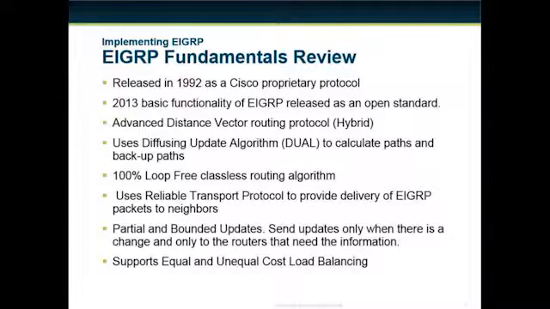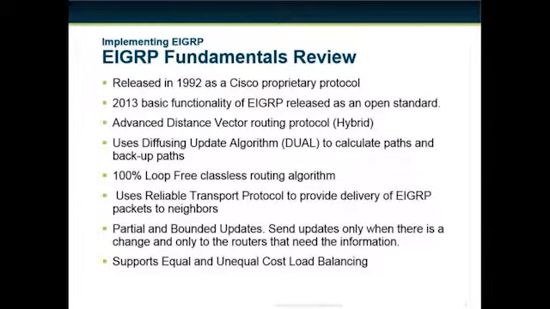It does have a lot of enhancements, and we'll talk about those enhancements as we go through our discussions of EIGRP. Now, because it is a distance vector routing protocol, it still employs things like split horizon for loop avoidance and other mechanisms that traditional distance vector protocols employ, but overall the protocol is very efficient.